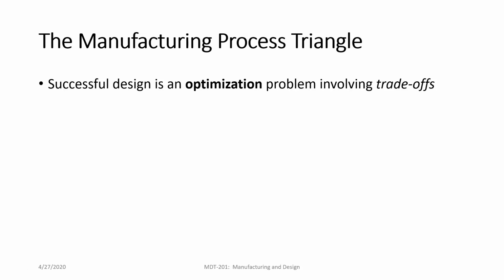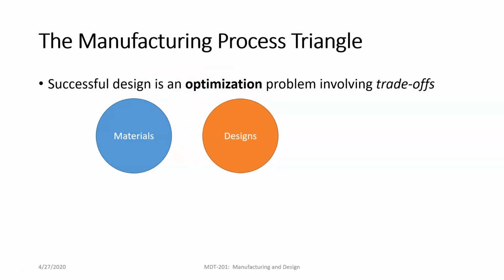The important thing is, we're not going to find the ideal best answer. We're going to find the best answer for the time being with the materials that we have, with the processes that we have. So that's an optimization process and where the trade-offs come into play. So what we're going to be doing is matching up our materials with our designs and with the processes that we have available to us.